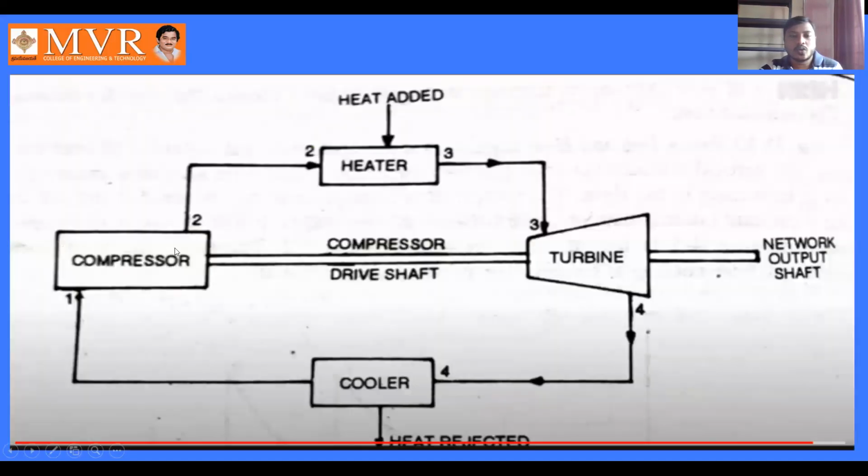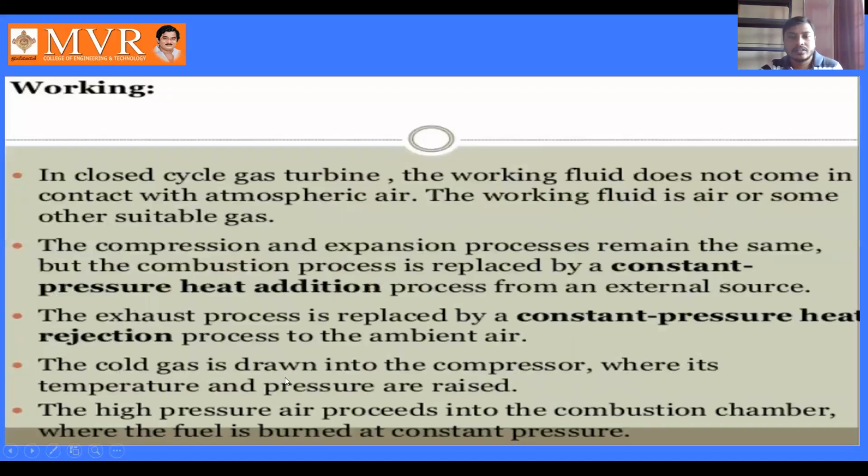The cold gas means the gas which remains after the turbine enters the cooler, where it cools and gives the cool gas or air into the compressor.